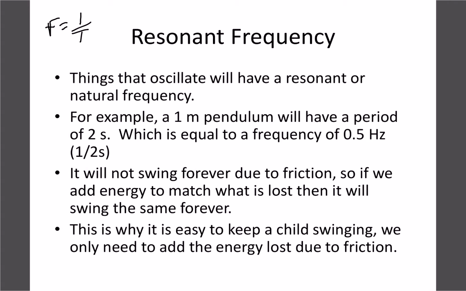So if we have a total period of 2 seconds, that means every half a second it's going to make one wave in a half a second, or per time. So then if we time it just right so that we're pushing on this thing every half a second, we can get this thing to swing bigger and bigger.